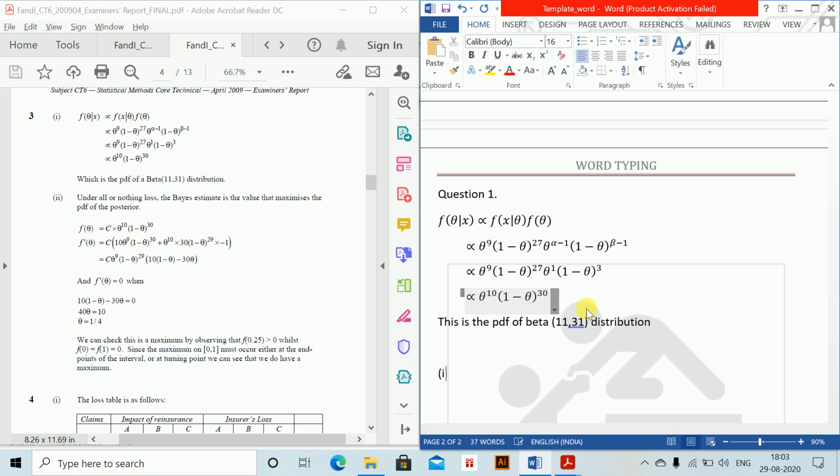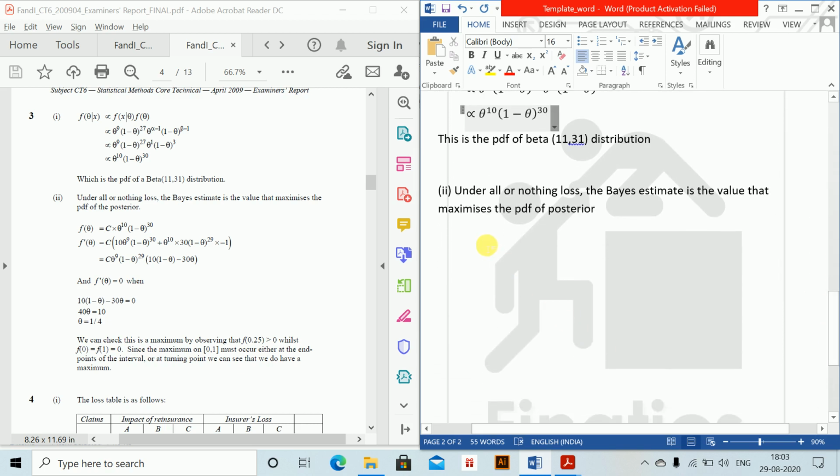Next part, under all or nothing loss. The Bayes estimate is the value that maximizes the PDF of the posterior.